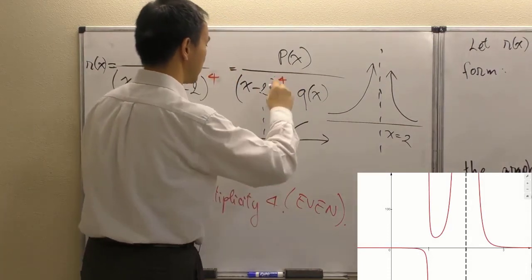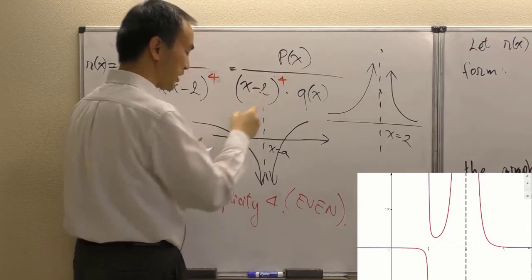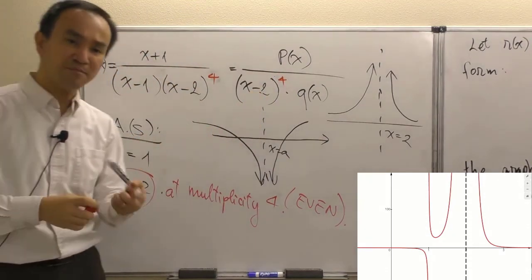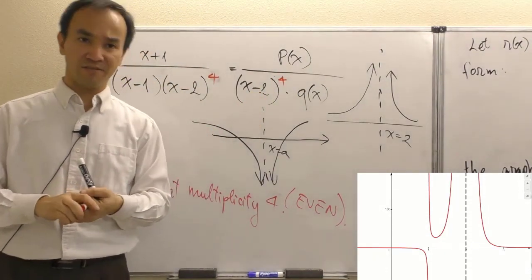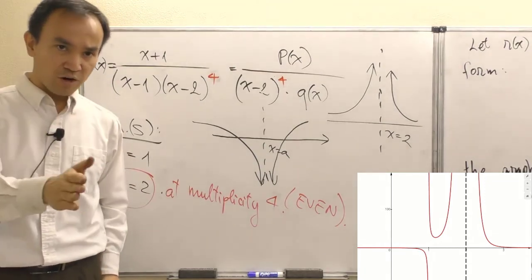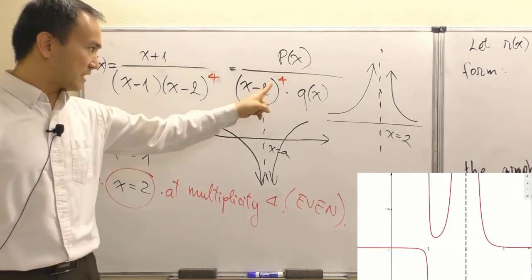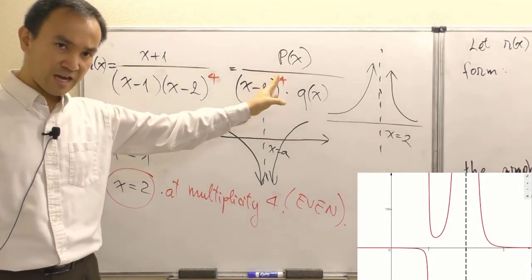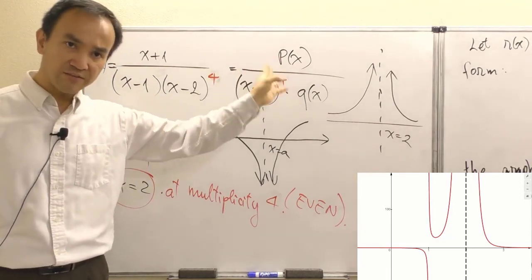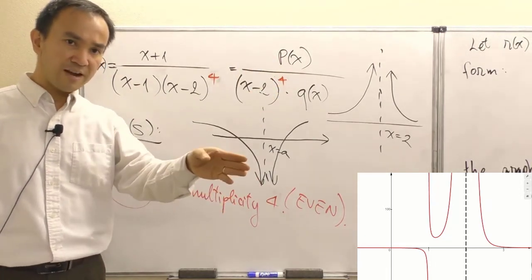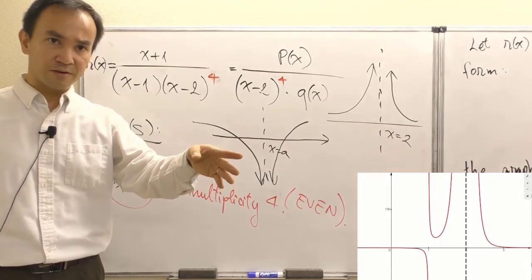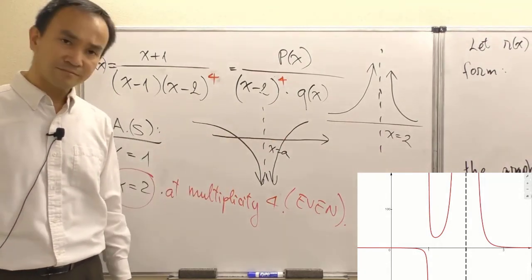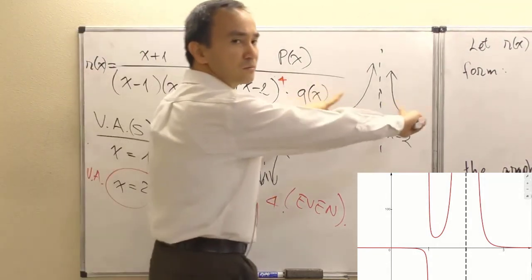It's an even multiplicity for that particular zero. A vertical asymptote happens at a zero of the denominator, and once it appears with even multiplicity like this, the graph doesn't look much different from the graph we brought up earlier. The two sides are again pointing up.